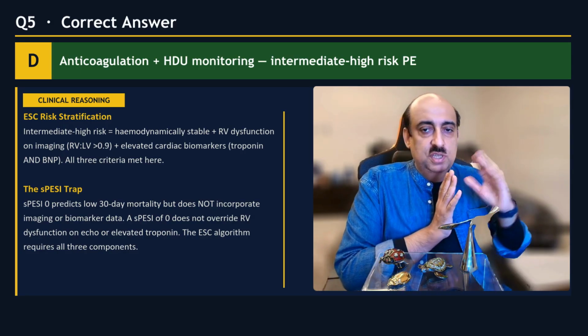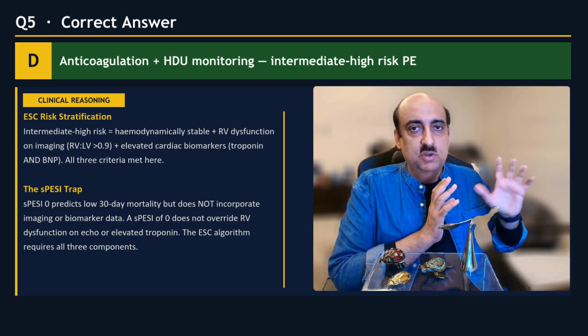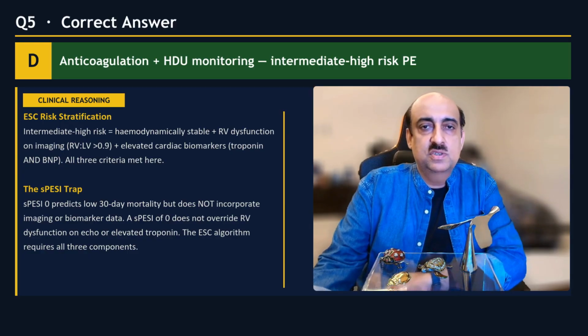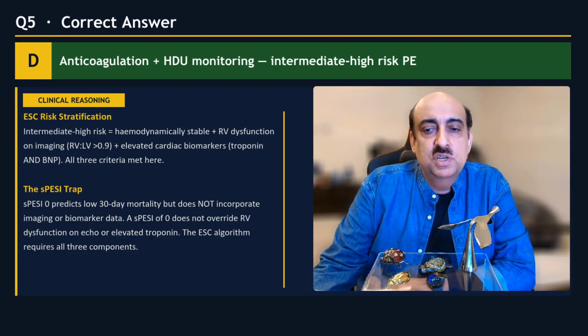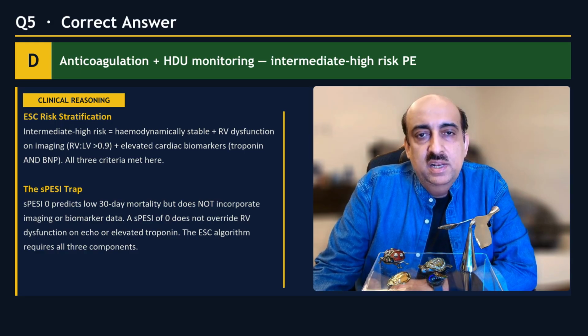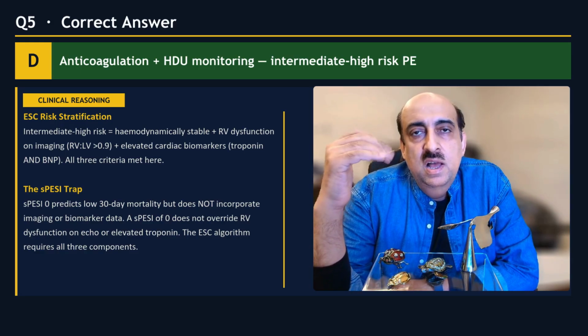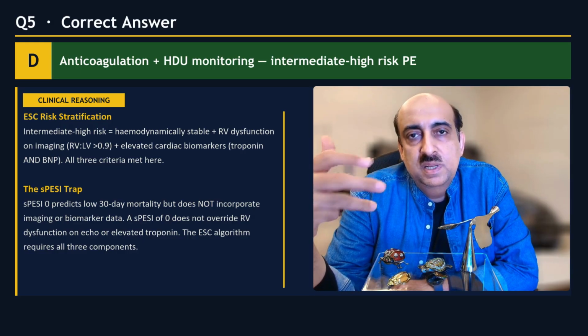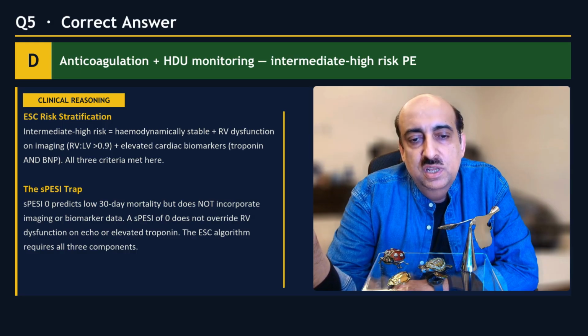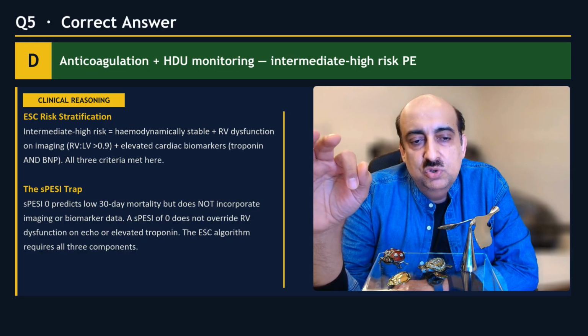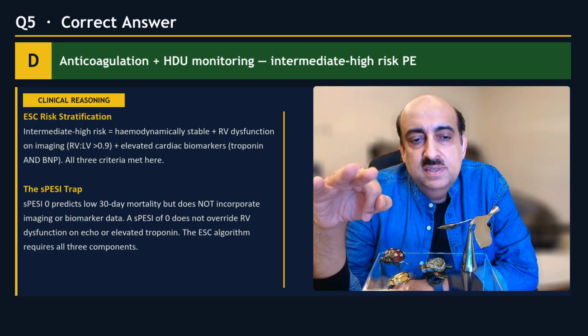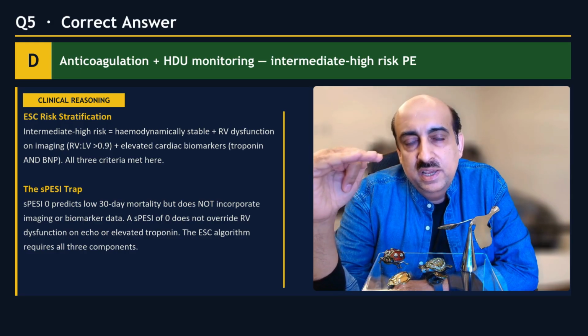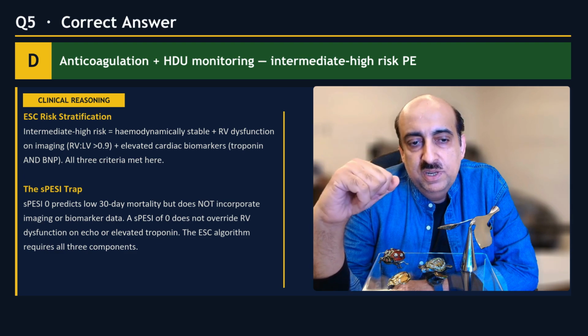Because first you need to think about the hemodynamic status and the risk stratification as per European Society of Cardiology guidelines. And this patient has clear RV dysfunction as evidenced by the ECG changes plus imaging plus the troponin elevation and the BNP also. So all criteria are met, hence this patient is intermediate high risk for pulmonary embolism.